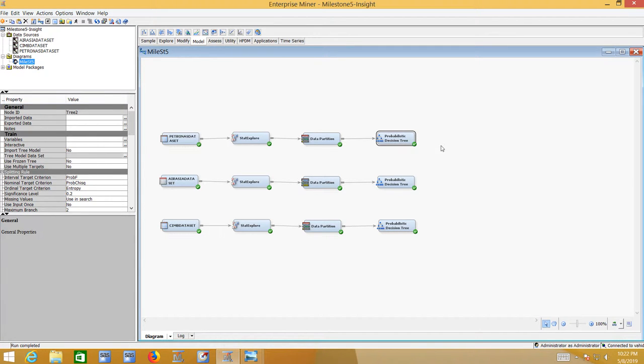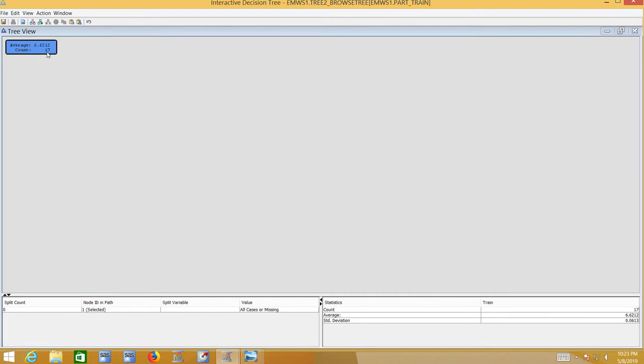Finally, I created this decision tree model. If I select the interactive format of creating this decision tree, I prefer to do this part of the analysis this way.